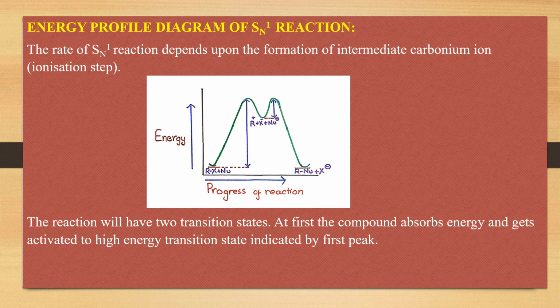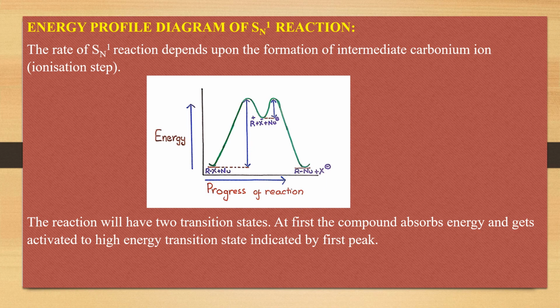Next, the peak comes down slowly. That means there is loss of some energy, and R plus, the carbonium ion, is formed. Again the peak goes up. Some energy is absorbed by the carbonium ion and the second transition state is attained, shown by the second peak.